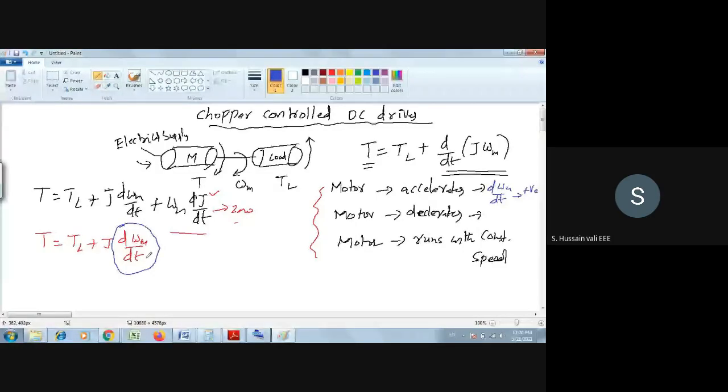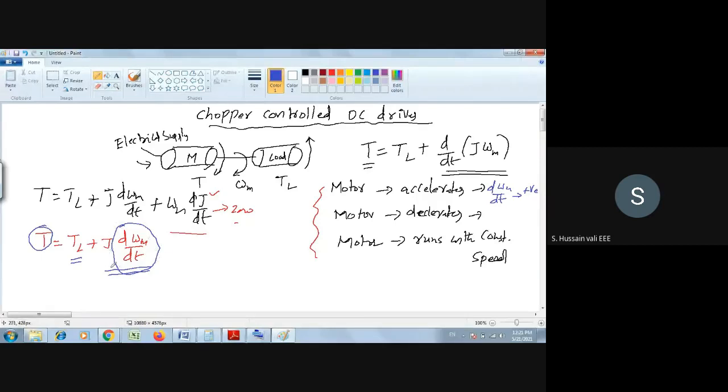So if this is positive, then this part is there. The electromagnetic torque that is to be supplied by the motor has two parts. One is the load torque, the other is the part which is because of the acceleration.